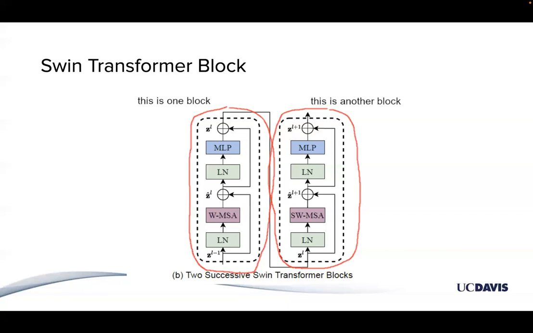As you go along the depth of the architecture, each patch will learn the context of itself. Even though attention is only calculated within a single window at a stage, eventually every patch or every pixel will learn its global context as well.